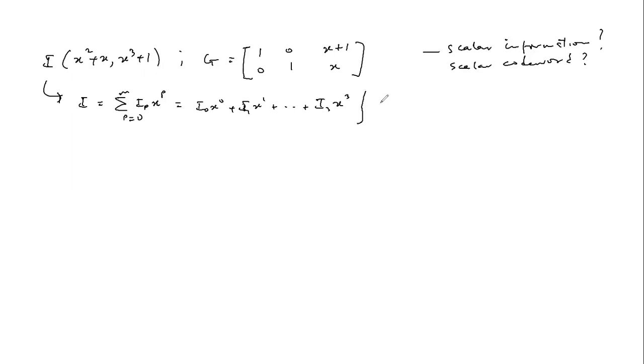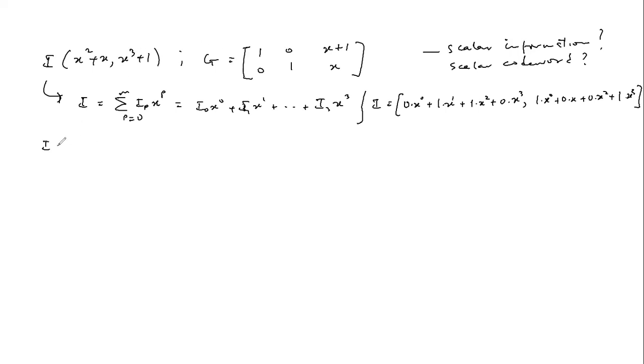Now, I can arrange this again. In this case there's no x naught, so that will be 0 dot x naught plus 1 x1, right? Then plus 1 dot x squared plus 0 dot x to the power 3, comma 1 dot x naught plus 0 dot x plus 0 dot x squared plus 1 dot x cubed, right? That's for this part.